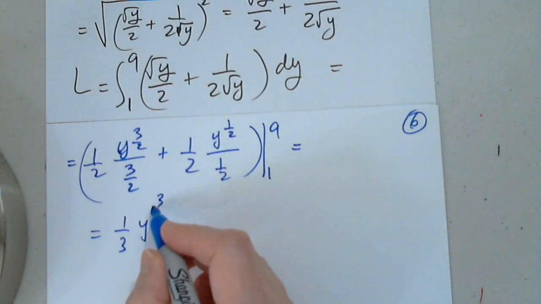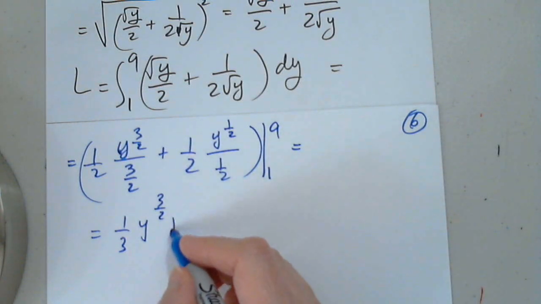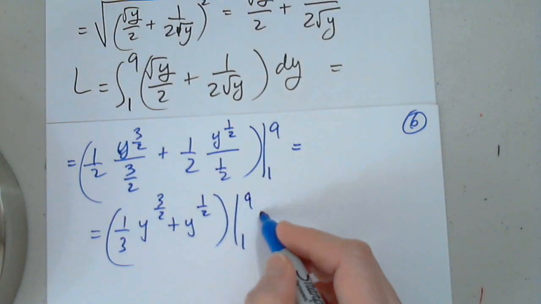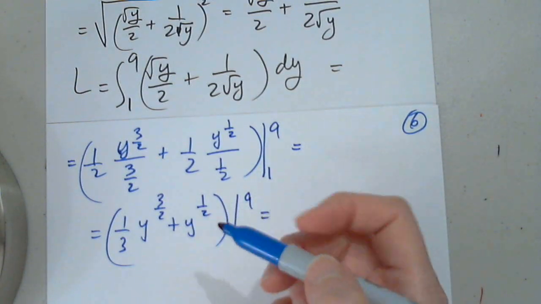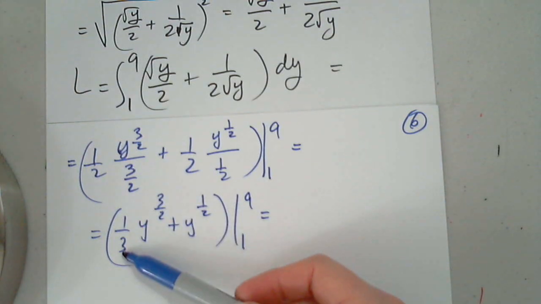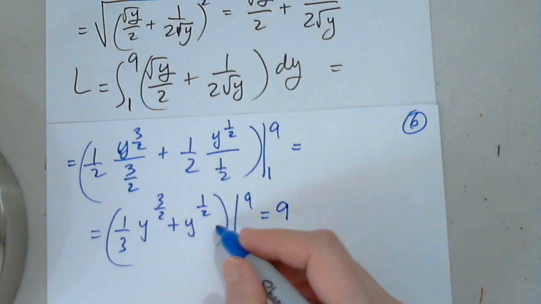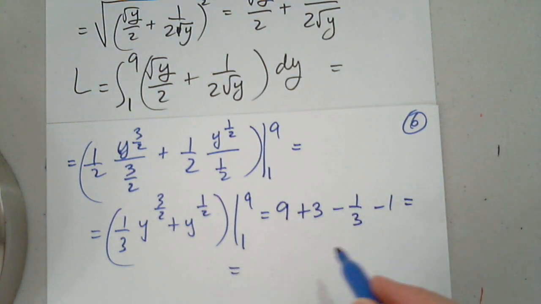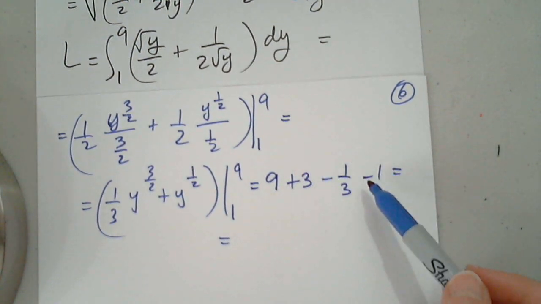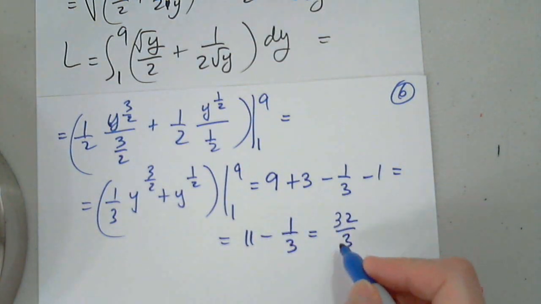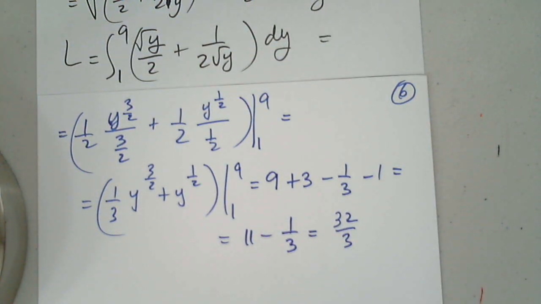So y to 3/2, these two go away, plus y to 1/2, and everything from 1 to 9. When I plug in 9, the square root of 9 is 3. 3 cubed is 27, divided by 3 is 9. And then plus 3, and minus 1/3 and minus 1. And let's see. 11 minus 1/3, 32/3. Thank you. I hope this helps.